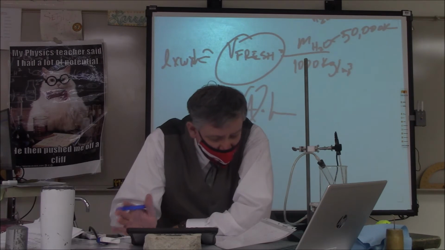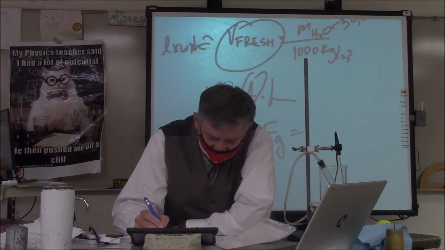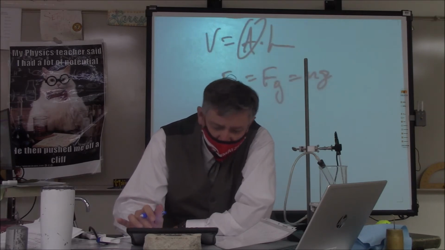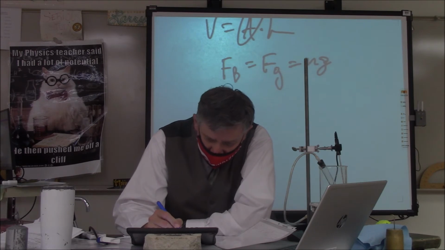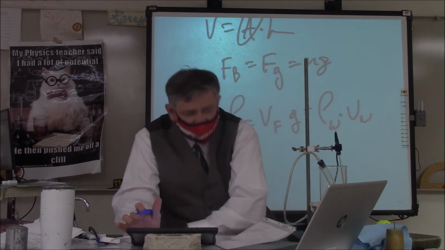So on 24, your buoyant force is going to equal your gravitational force, which is mg. So that's the density of the fluid times the volume of the fluid times g, which equals the density of the wood times the volume of the wood. Now, here's the trick.